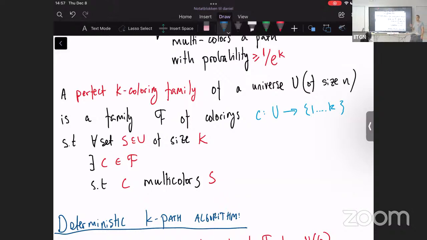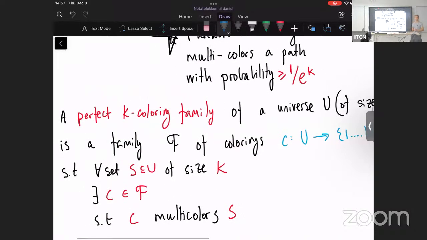Suppose someone gave me a perfect k-coloring family of the vertex set of the graph. How would you then solve k-path? You take F, and for every coloring in F, you check whether there is a multicolored path with respect to that coloring.